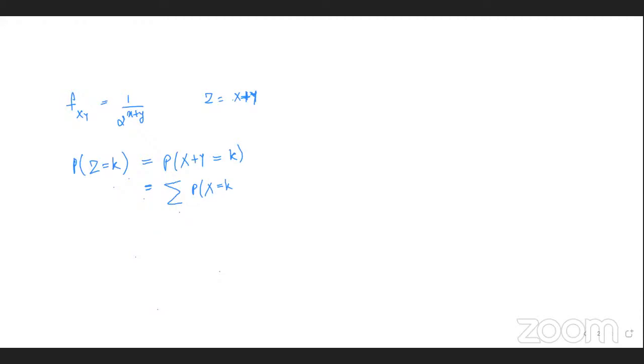It is just mentioned that a joint distribution of x and y is given like that, and that their ranges are given. So if we take x equals i and y equals k minus i, and i will take the value from 1 and can go till infinity, right?